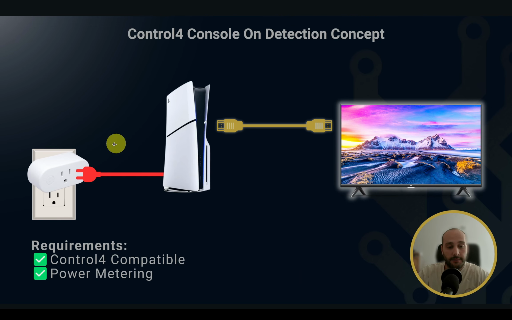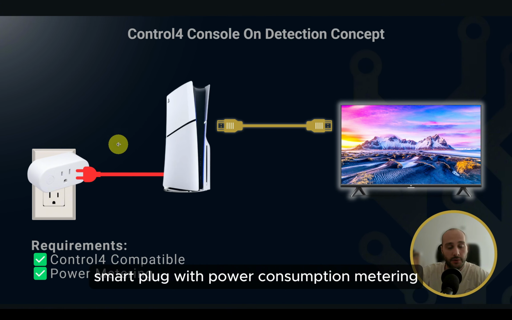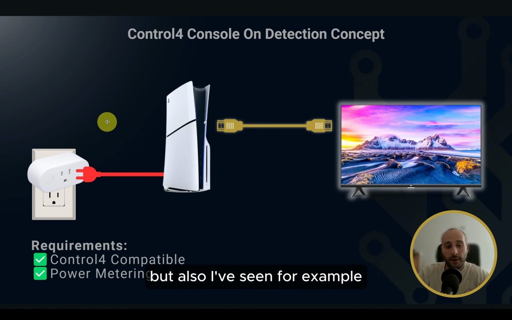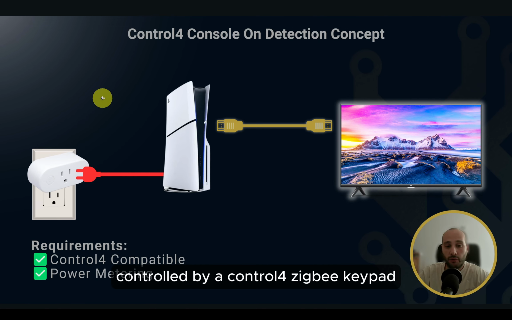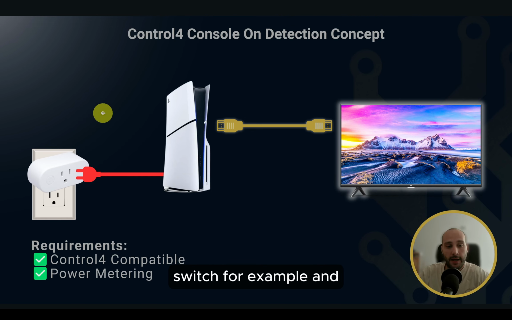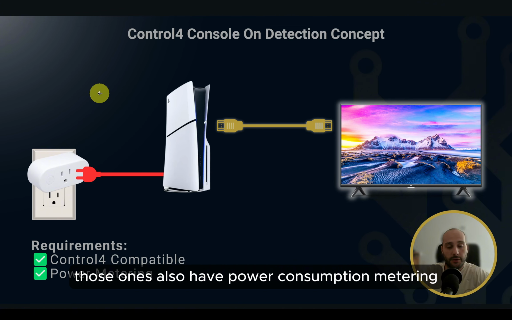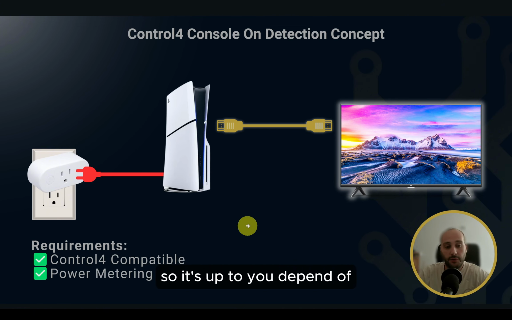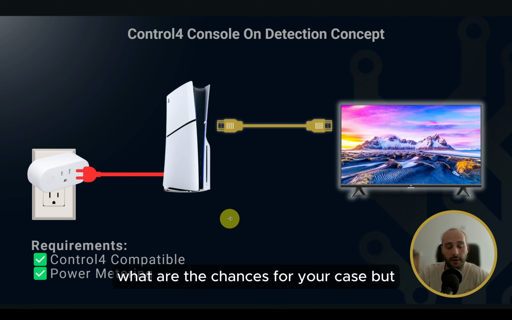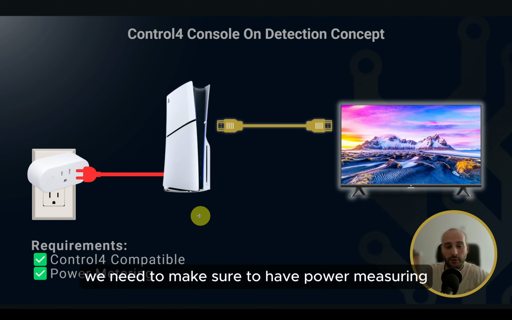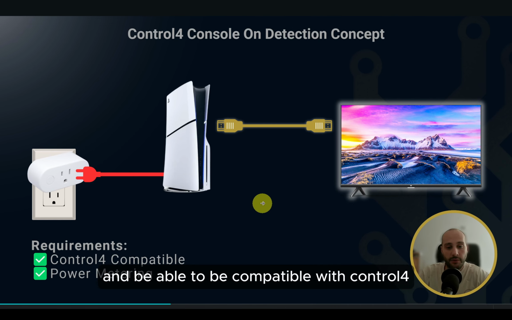It could be a smart plug with power consumption metering, but I'm also seeing, for example, normal power outlets controlled by a Control4 Zigbee keypad switch, which also has power consumption metering. So it's up to you, depending on what options you have in your case. But we need to make sure to have power metering and be compatible with Control4.